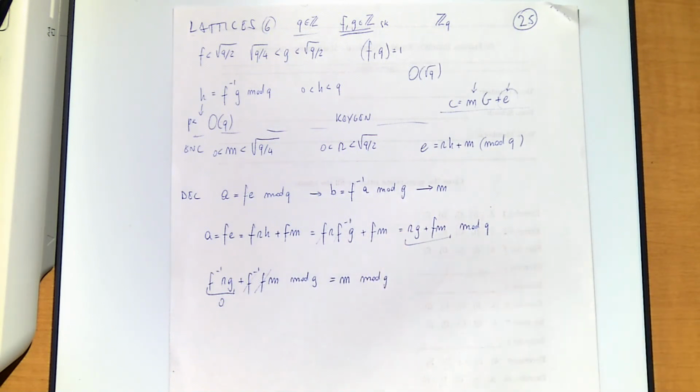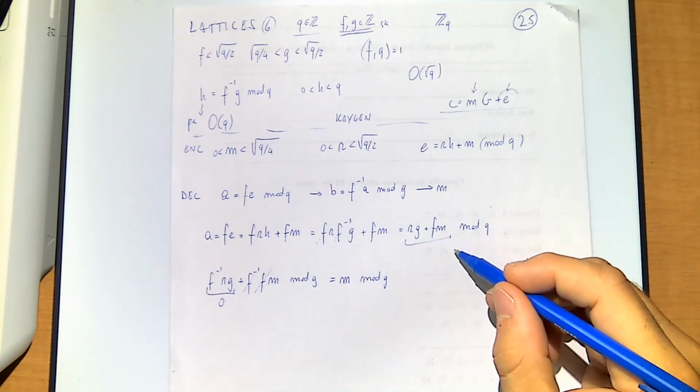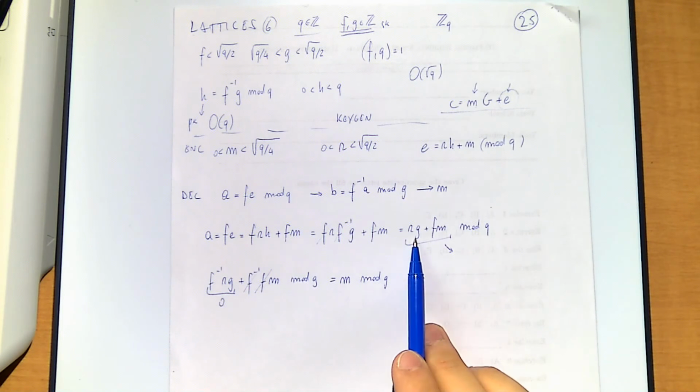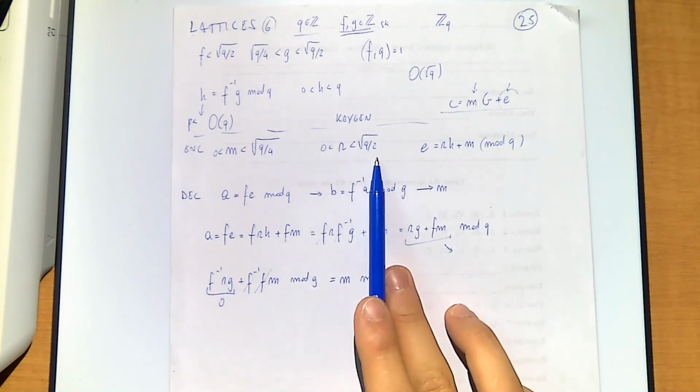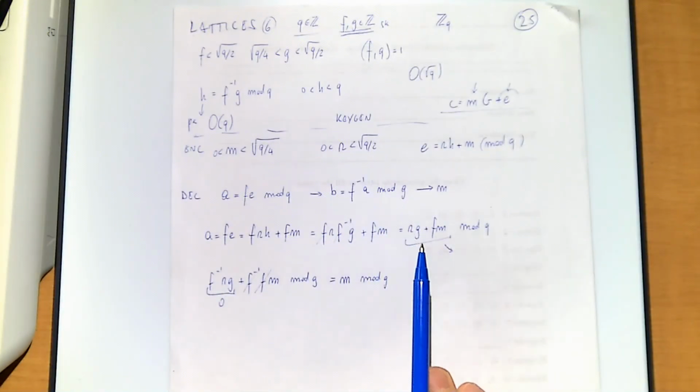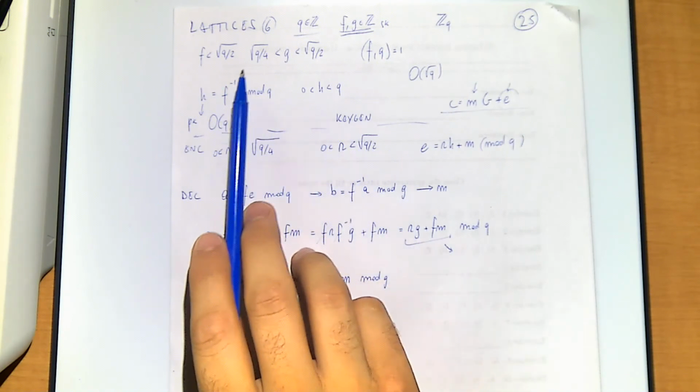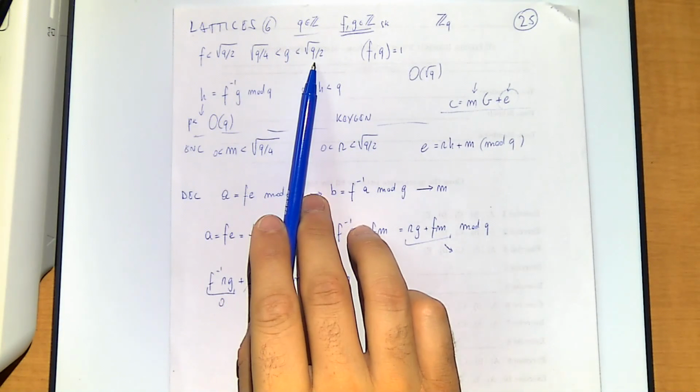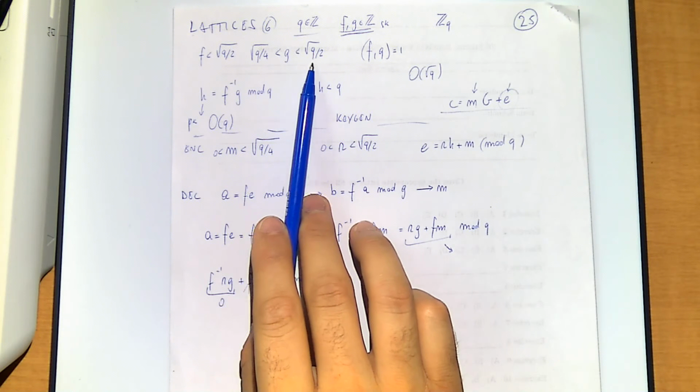And that's a very good point, Misha, because now the point is, how can I be sure that this is actually the M that I want? Because we haven't discussed sizes yet, but I told you that size is crucial. So if you look at this quantity here, what is R G plus F M? R is less than square root of Q over 2. G is also less than square root of Q over 2.